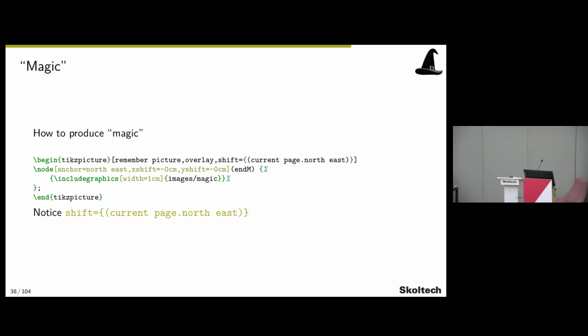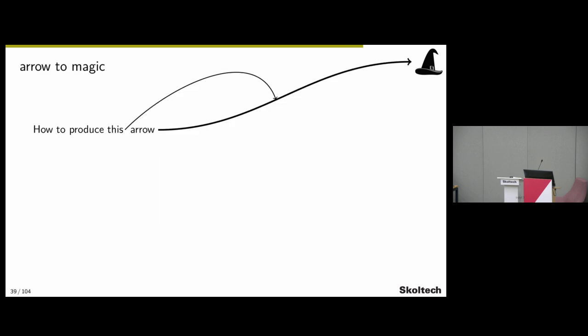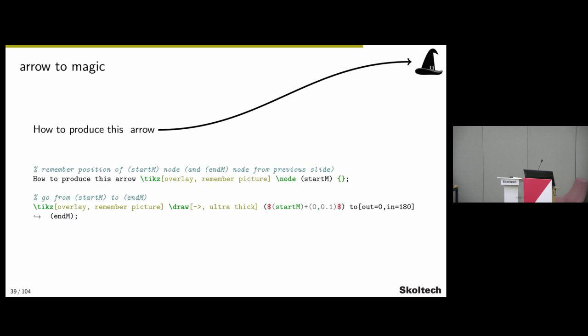This is the place where to put the picture. Next part is about how to draw the line to this picture. You remember that we included in the picture a special node, end M, that we use to draw the arrow.